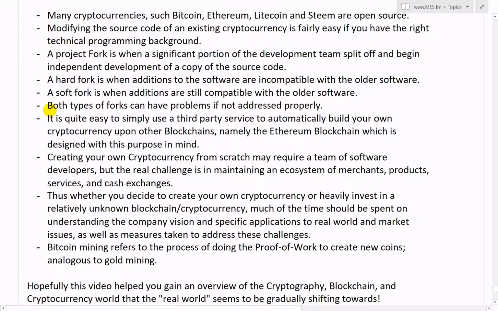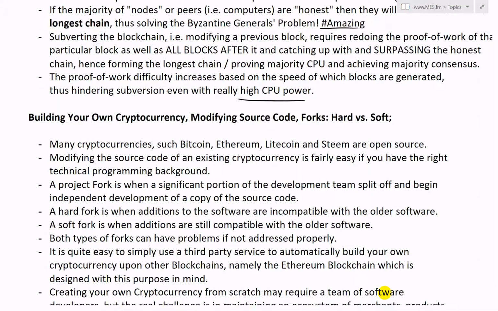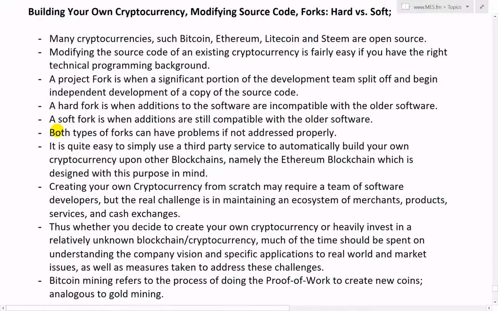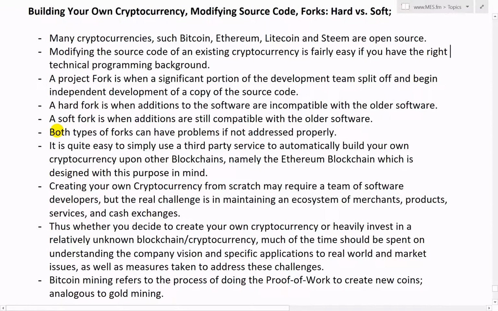A project fork is when a significant portion of the development team split off and begin independent development of a copy of the source code. A hard fork is when additions to the software are incompatible with the older software. A soft fork is when additions are still compatible with the older software, but still both of them have issues. Both types of forks can have problems if not addressed properly.